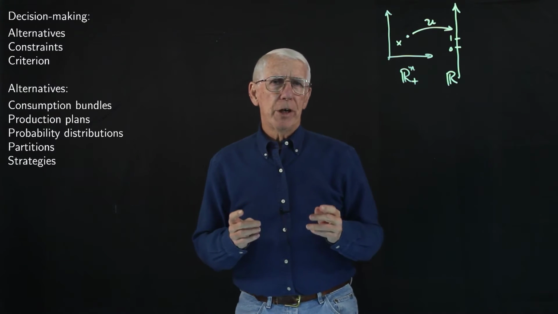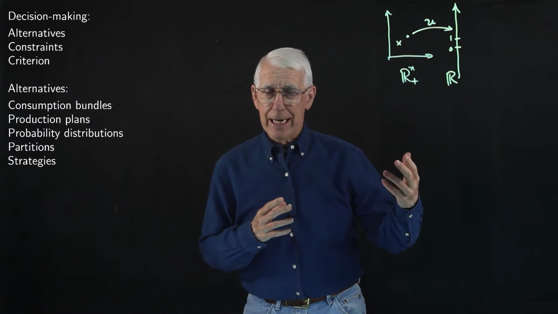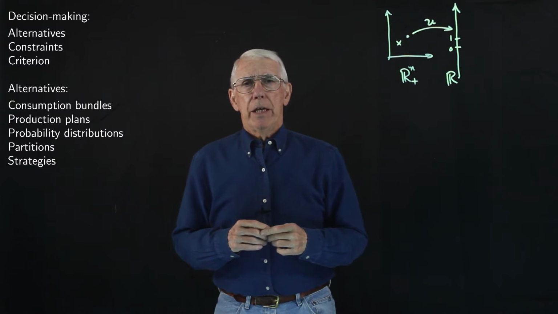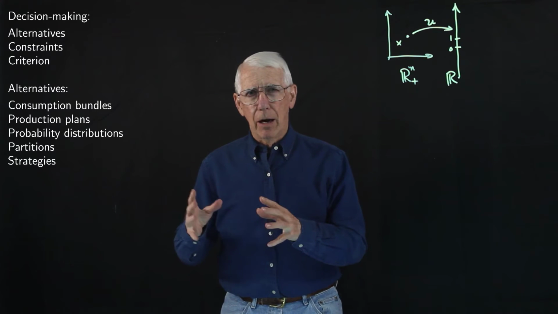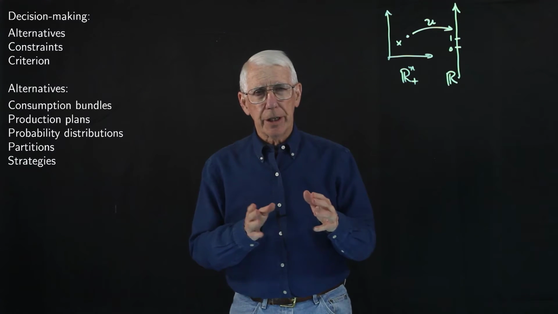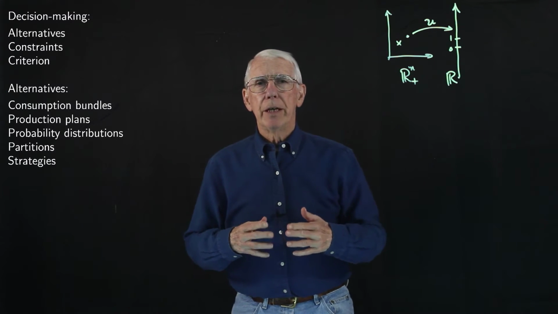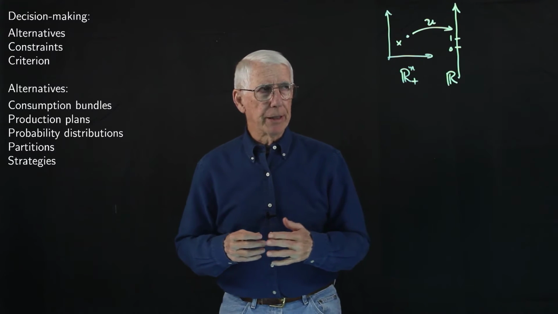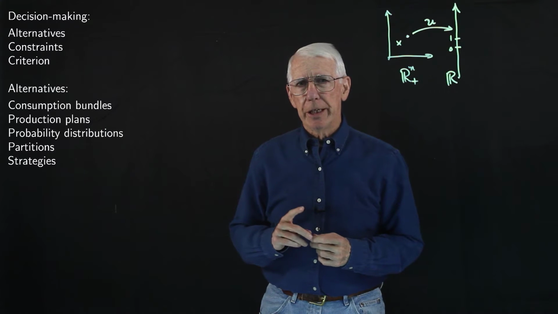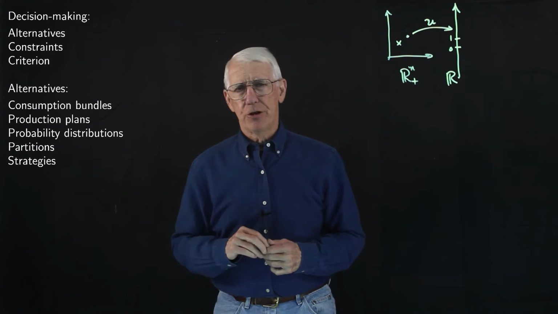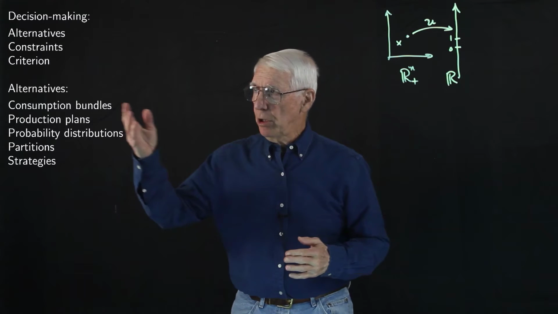So the decision maker has to choose an action from a set of available actions, but the decision maker doesn't know for certain what the outcome will be from the action that he or she is going to choose. So the decision maker is choosing under uncertainty. And so what we model the decision maker as doing here is choosing a probability distribution from a set of alternative probability distributions.